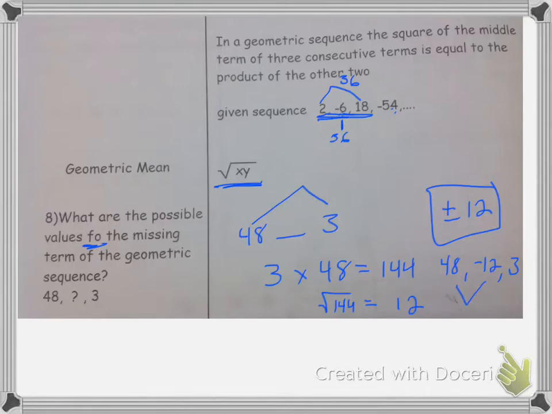Look deeper into this and look what the common ratio would be to get from 48 to 12. Okay, what do you multiply to get from 48 to 12? Well, it's not really multiplying. You would actually divide, and it's actually positive 12 or negative 12.